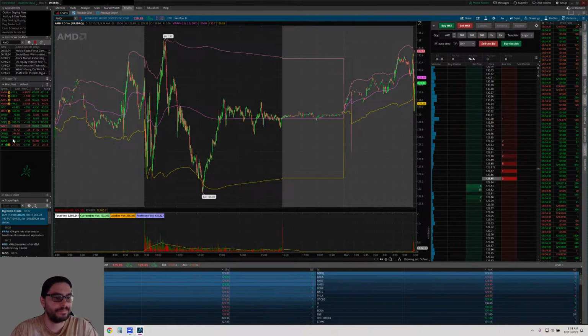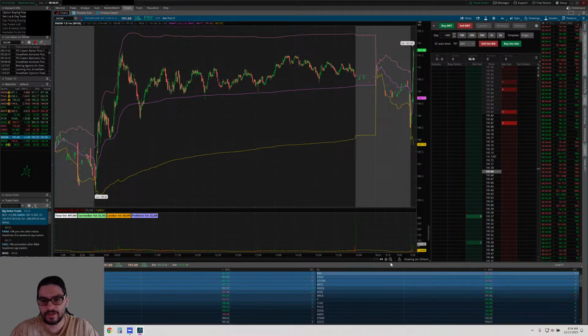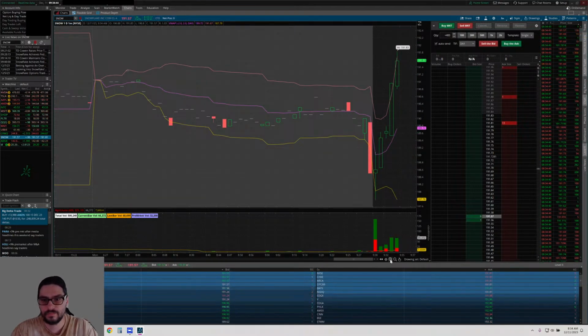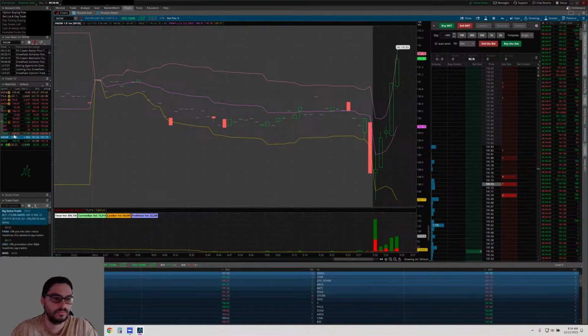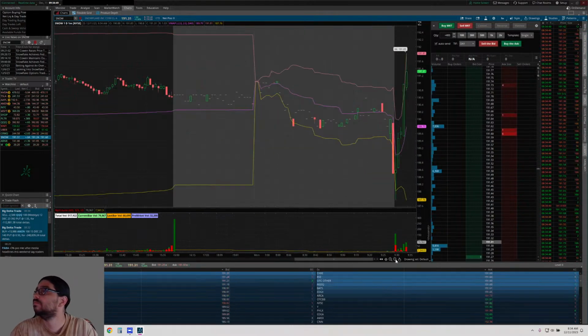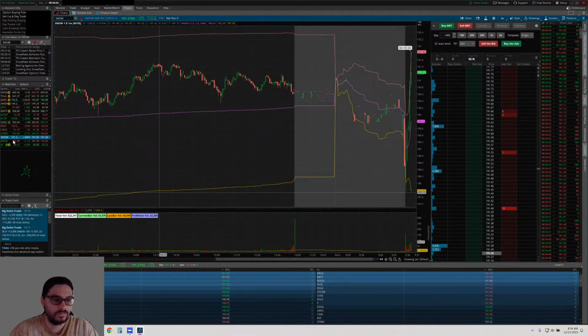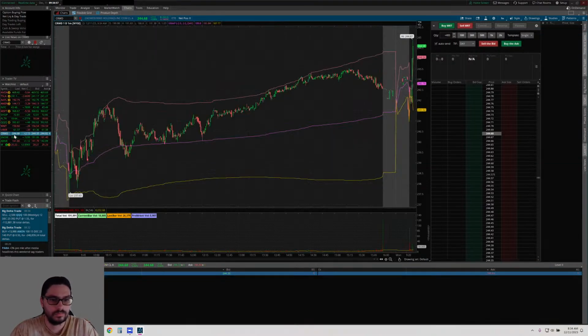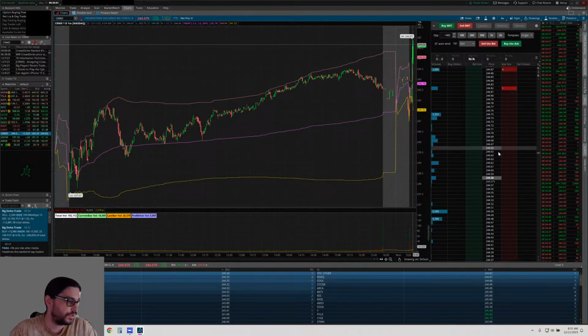Kind of upset over that. Snow is definitely going back up. Oh my God. The spread on that is huge.